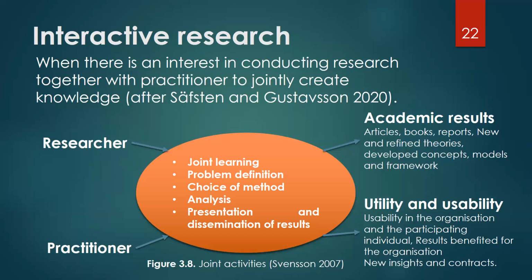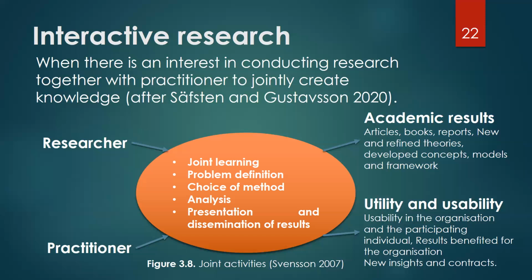And they do this joint learning. They learn together about the research. They find the problem together. They select the method together. They analyze together. They present and disseminate the result together. All the steps are together. So it's called interactive research.